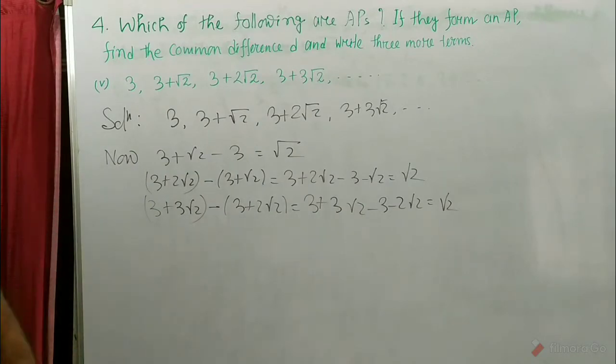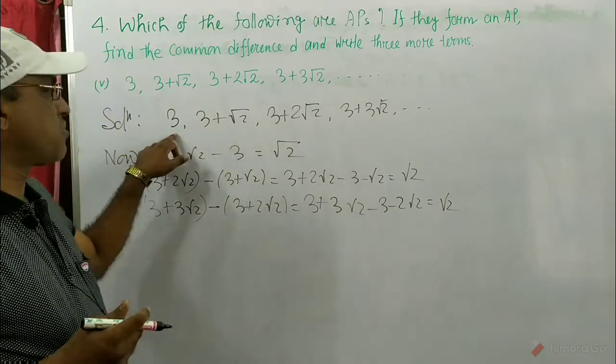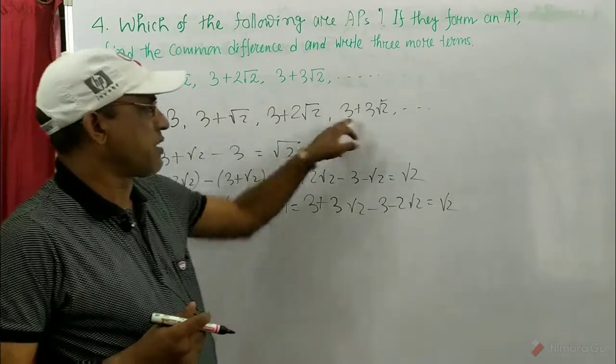Now we see that all the differences are the same: this minus this is root 2, this minus this is root 2, this minus this is root 2.